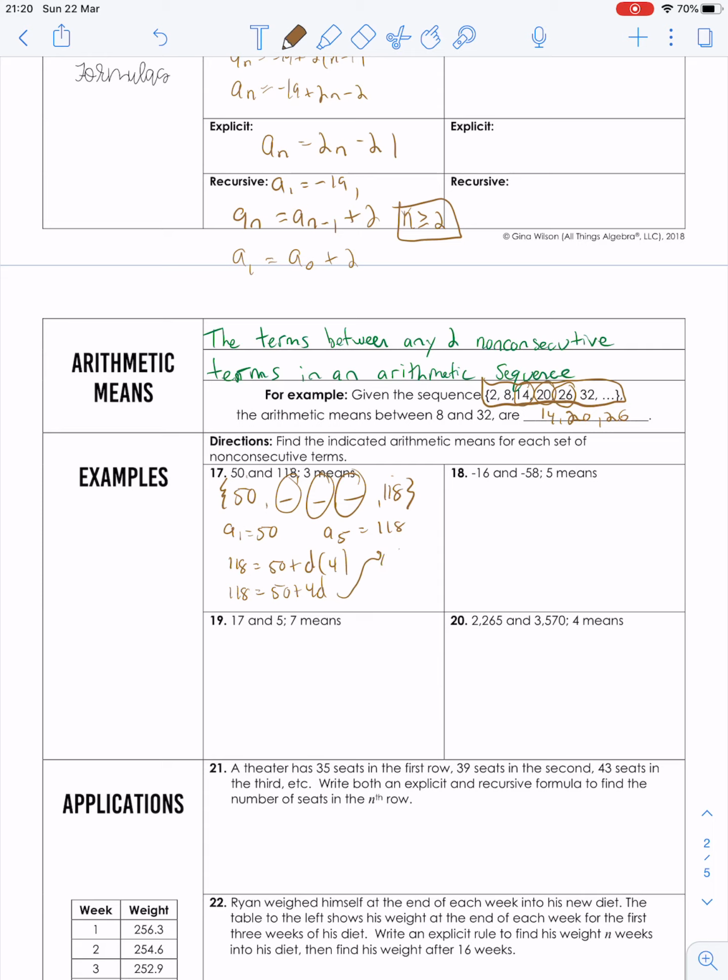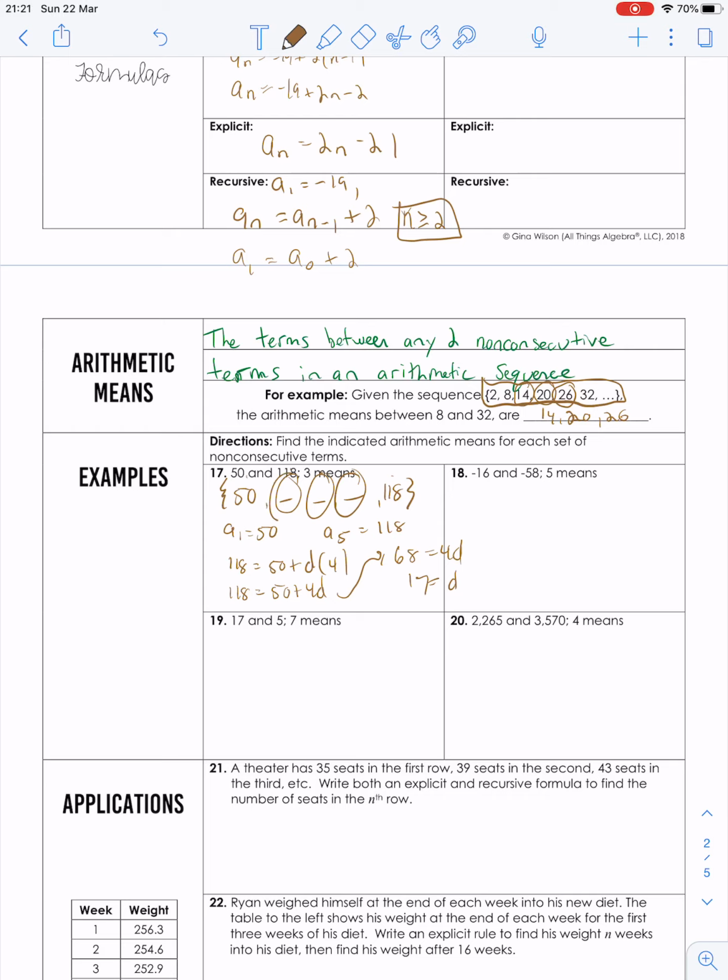We get 4d equals 68. 68 equals 4d, d equals 17. Okay. So if d equals 17, we can find the rest of our means here.